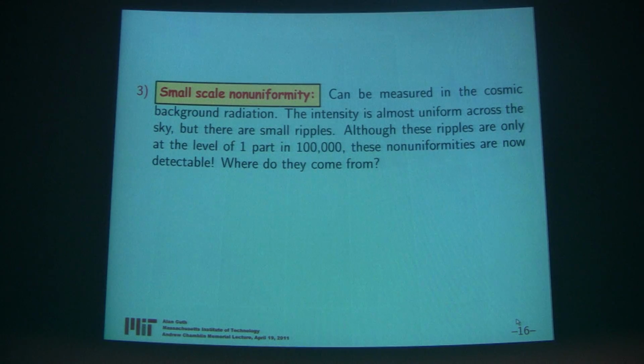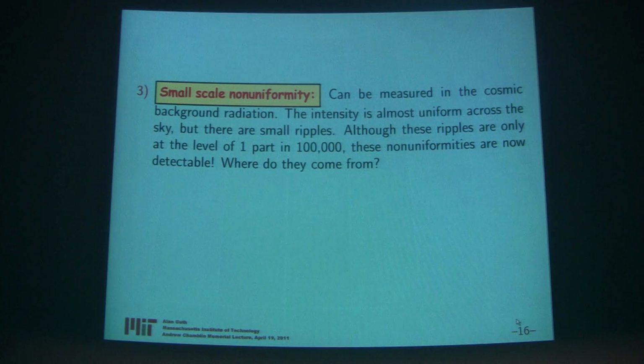And finally, I told you there were three features of our universe that make our universe look like it came from an inflationary past. The third that I want to talk about is the small-scale non-uniformity. Now, I already told you that on very large scales, the universe is just unbelievably uniform, same in all directions to 1 part in 100,000.